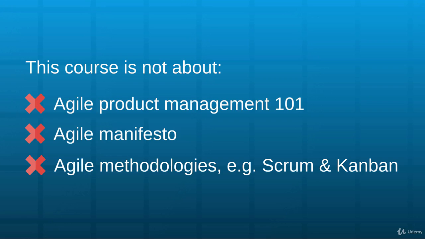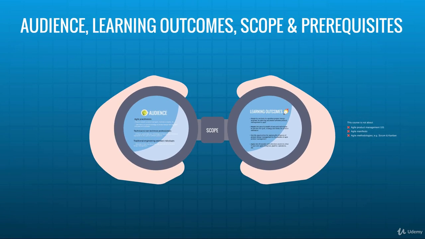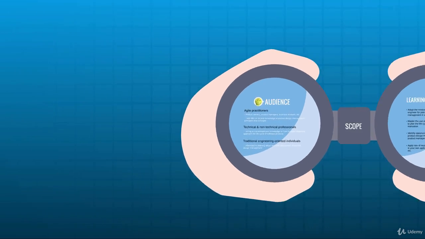All of that good stuff, well, you can certainly get that from the more generic or starter courses in Agile product management. In this course, we're going to stick to our main aim, which is about better approaching the area of Agile product management with sufficient product design management rigor to not only make you think more like a product design engineer, but to also help you overcome the challenges you will face in practice.